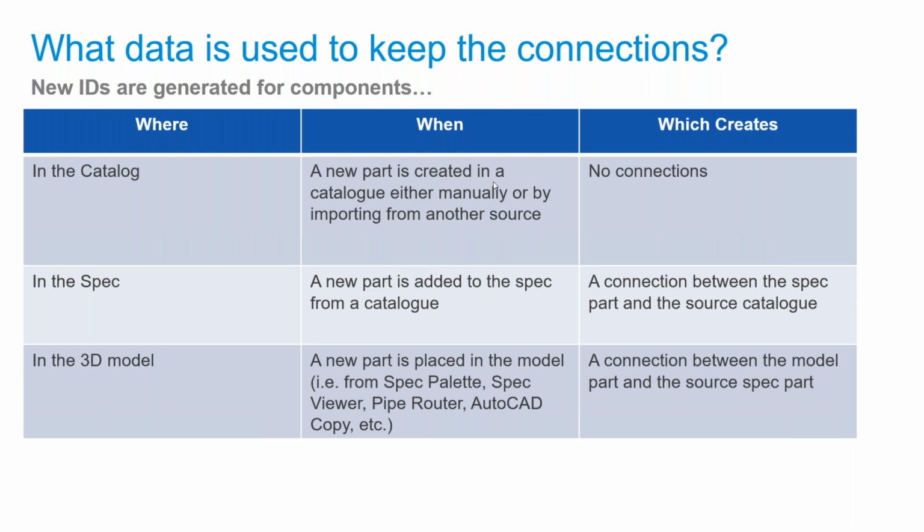In the spec, new IDs are generated when a new part is added to the spec from the catalog. This is important because it also means if you delete a family from the spec, then you will lose the connection to the catalog. You cannot update the parts from the catalog anymore.